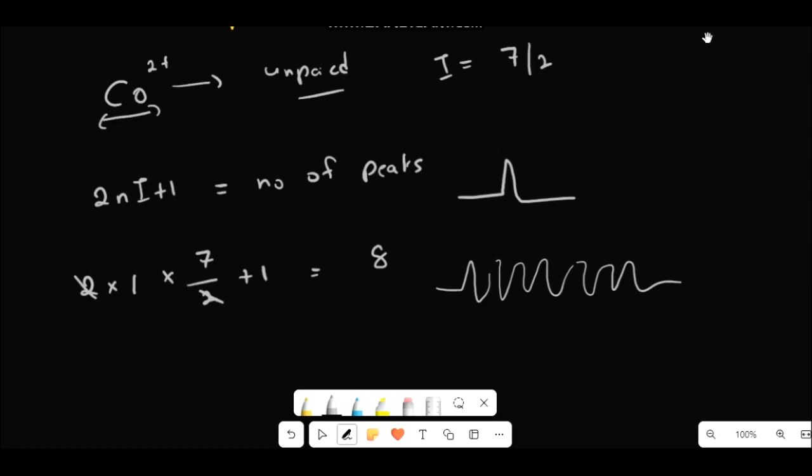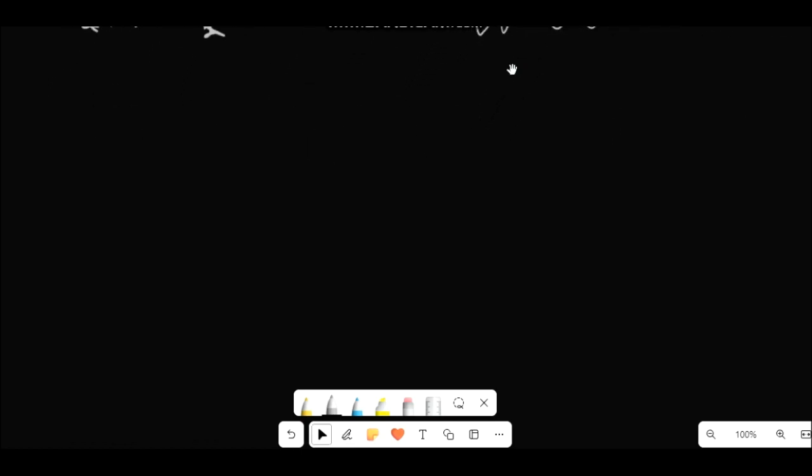Let's take another, slightly more complicated example. Let's assume we are trying to find an unpaired electron in a copper 2 plus complex. It has an unpaired electron, so we are trying to find the absorption.